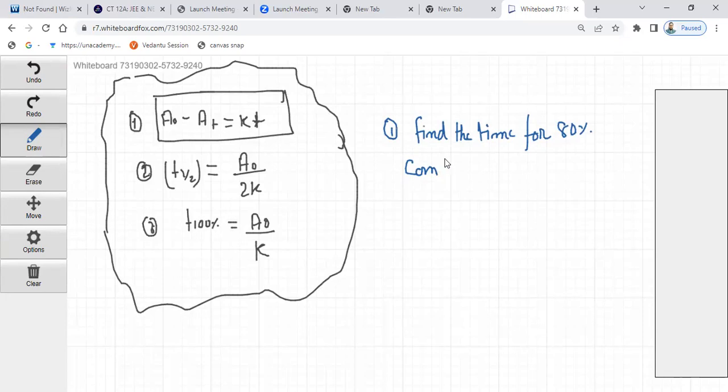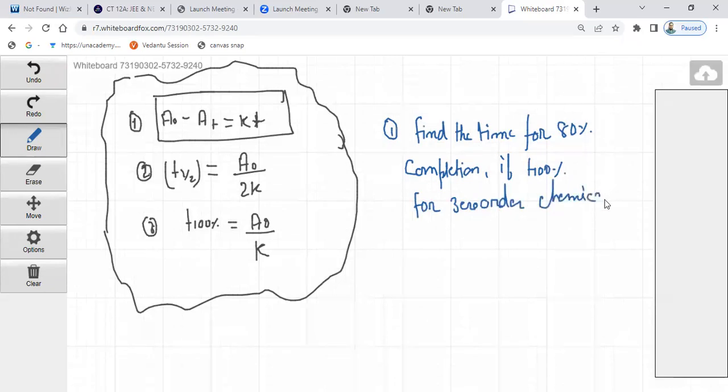Only they will ask the numerical question. Find the time for 80% completion if t 100% for a zero order chemical reaction is 20 minutes.